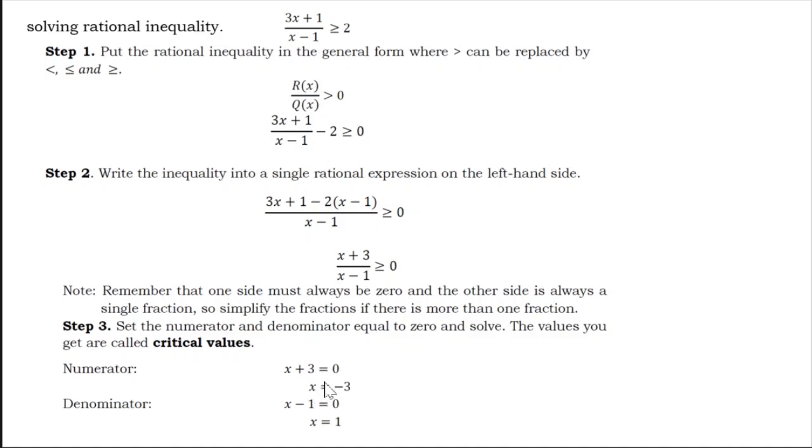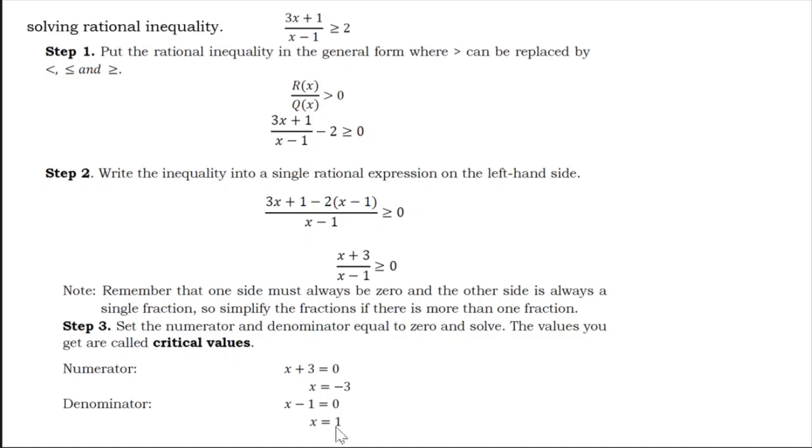Then x becomes negative 3. Then for the denominator, x minus 1 equals 0. Then x equals 1. So our critical values now are negative 3 and positive 1.